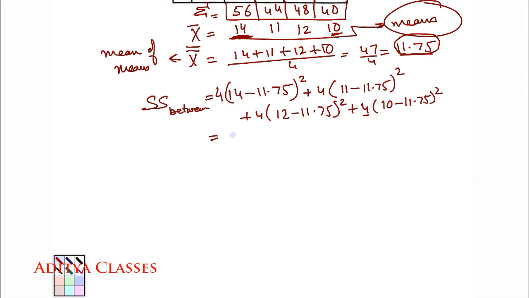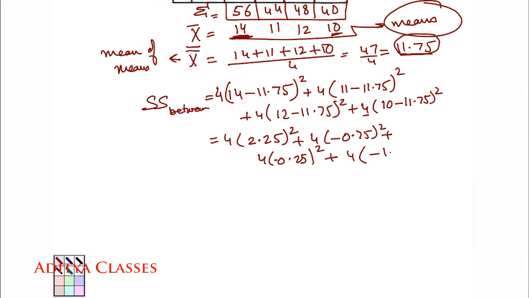We should solve it in steps. This becomes 4 multiplied by 2.25 square, plus 4 multiplied by minus 0.75 square, plus 4 multiplied by minus 0.25 square, plus 4 multiplied by minus 1.75 square.